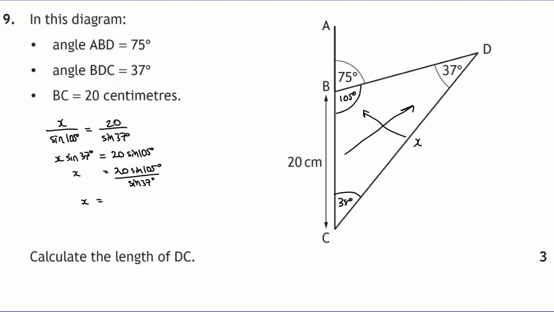So 20 times sine 105 divided by sine 37. Again, make sure your calculator is in degrees for that. So it should give you 32.1 centimeters. Okay, great.